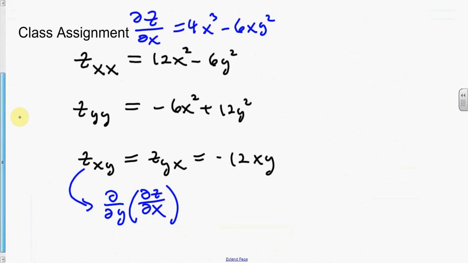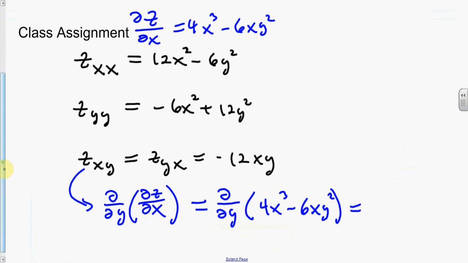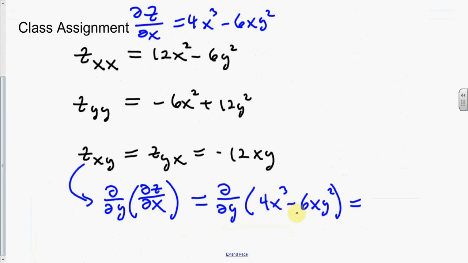So now here's what this guy says. This is the partial with respect to y on 4x to the third minus 6x y squared. So you find this partial with respect to y. Won't that be negative 6 times x times this y squared becomes 2y, so that's 2 times negative 6. You get negative 12xy, right? Okay. Yes, sir.